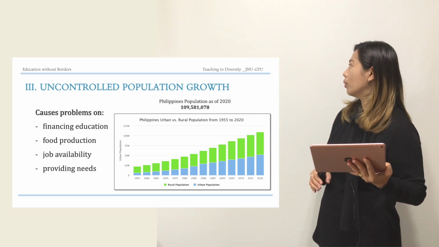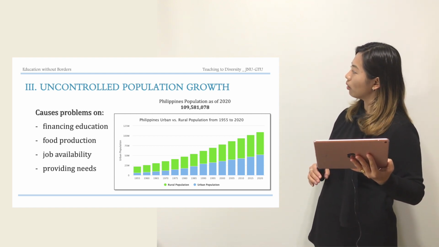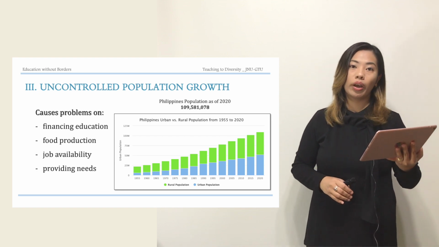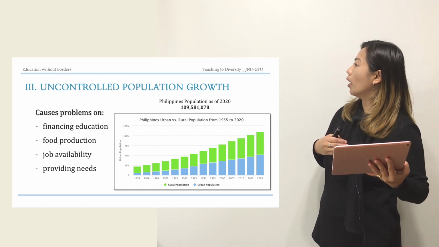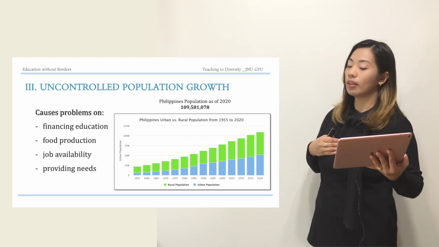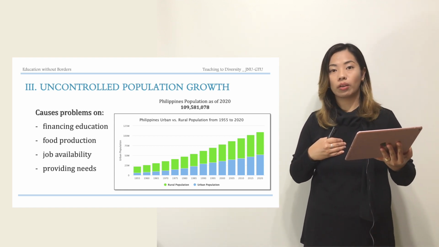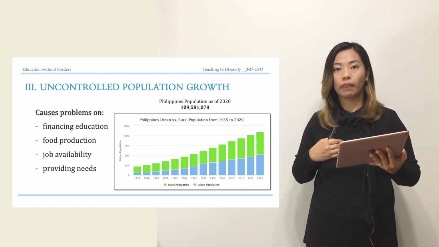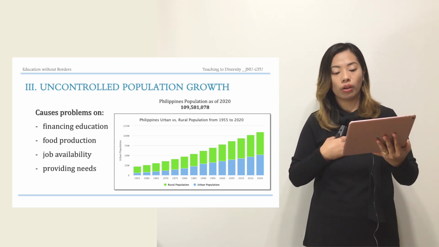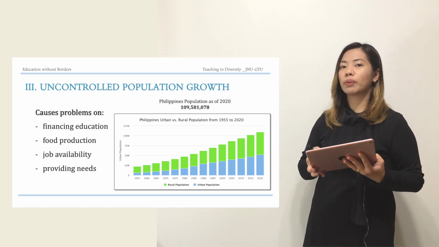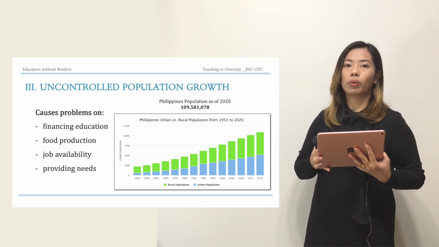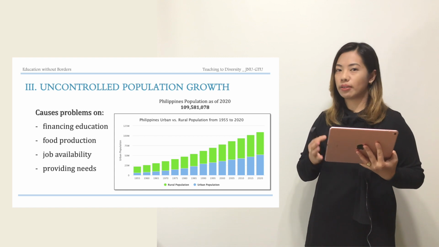So as of 2020, how many people do we have? We actually talked about that in the former lecture. If you look, we have around 110 million people here in the Philippines. So how does it affect? Of course, very much. We observed this with our own eyes together with the other GTU students.